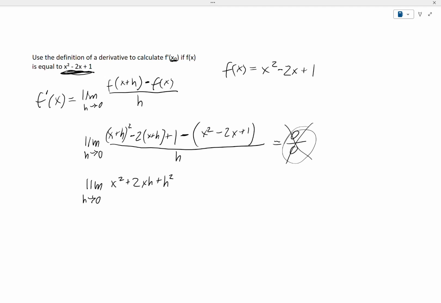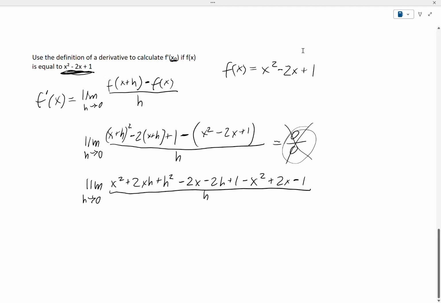Then I'm going to use the distributive property right here, distribute the negative 2 to each of those terms. Then we're adding 1 after that. And then I'm going to distribute the negative into this whole parentheses mess over here. So it becomes negative x squared plus 2x minus 1. That's all over h.